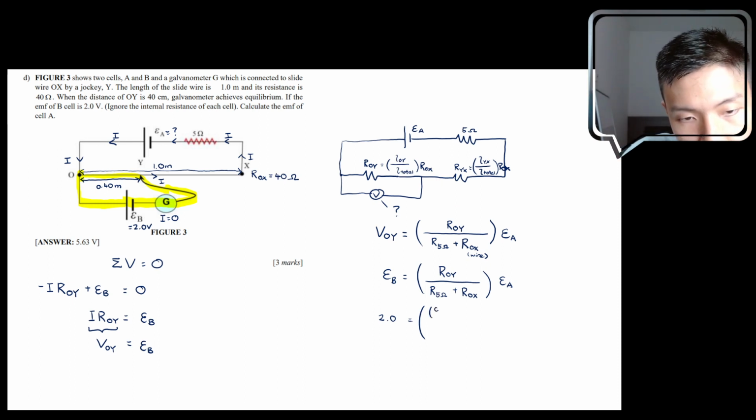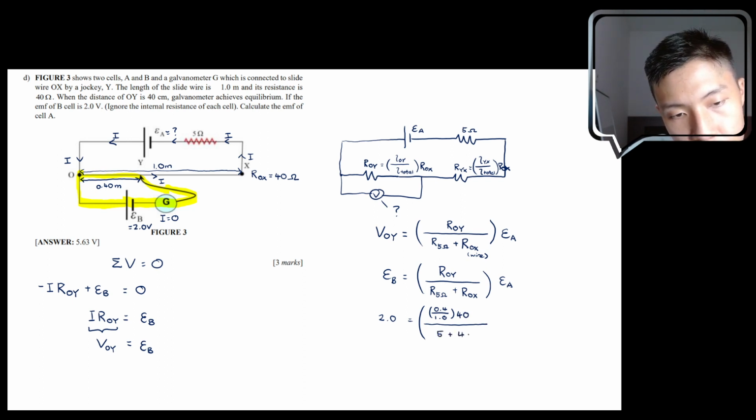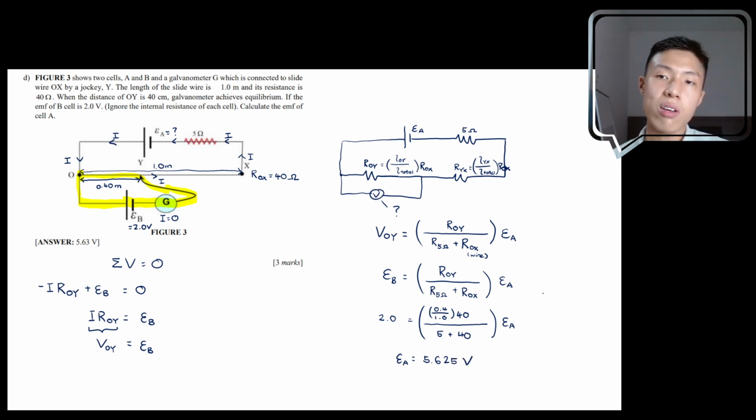Okay, so 0.4 times 40, the total resistance of the whole slide wire is 40 ohm. Divide by 5 ohm plus 40. Okay, RX over here is 40 ohm once again. So you're left with epsilon A needed to be found. So epsilon A, if you calculate it, will be equal to 5.625 volt. Okay, so that's how you solve this problem and obtain the EMF of this cell A.